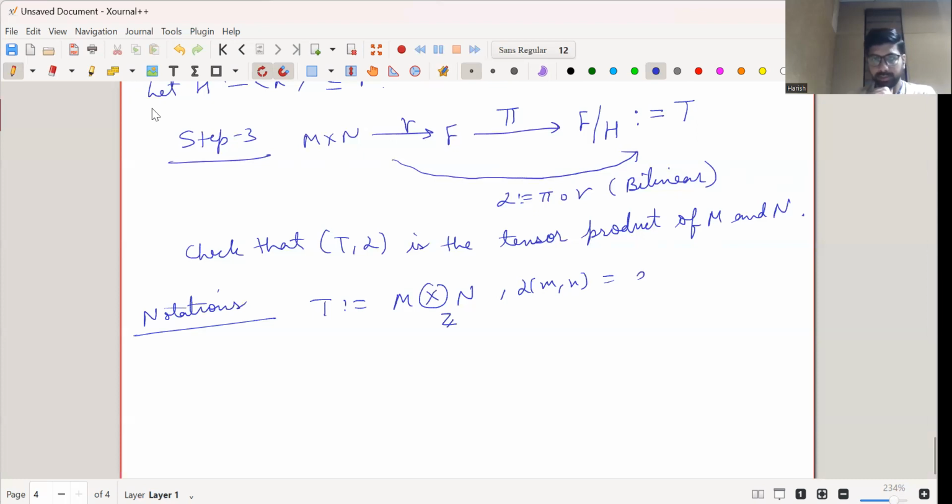Then you are quotienting it, so it will be E of MN bar, and we will use the notation M tensor N for it.